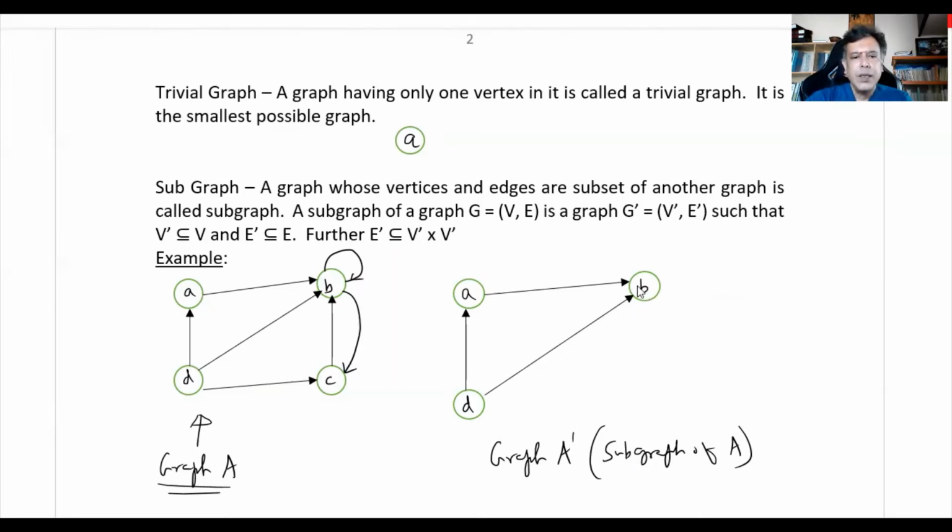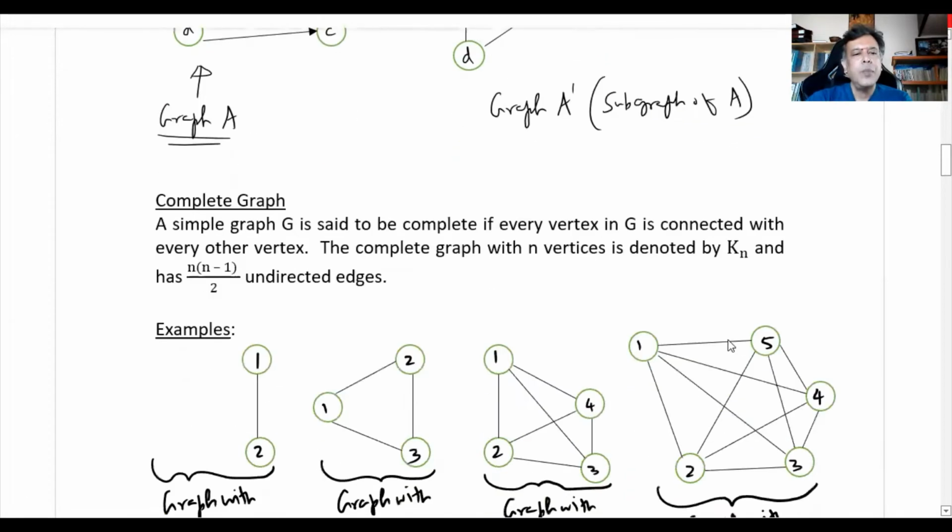Similarly, the edge set of this graph, which is E dash, is a subset of the edge set of this particular graph. Further, this E dash should be a subset of the cross product of the vertex set V dash and V dash. So if we take a cross product of V dash cross V dash, E dash will definitely be a subset of that only.